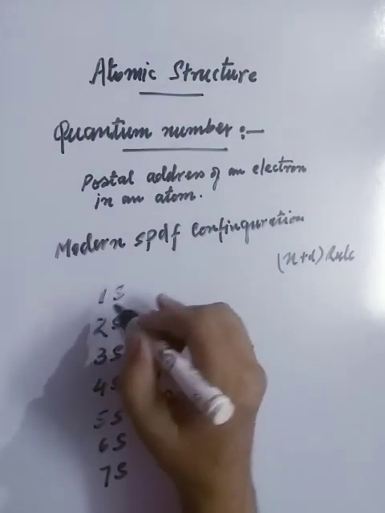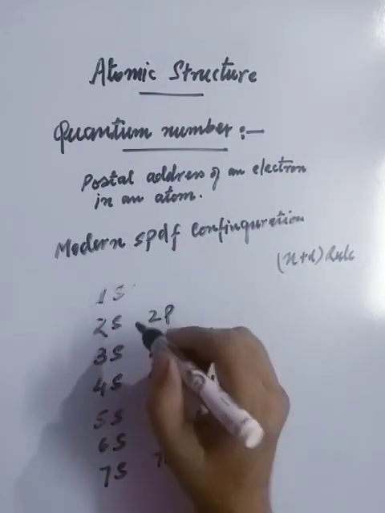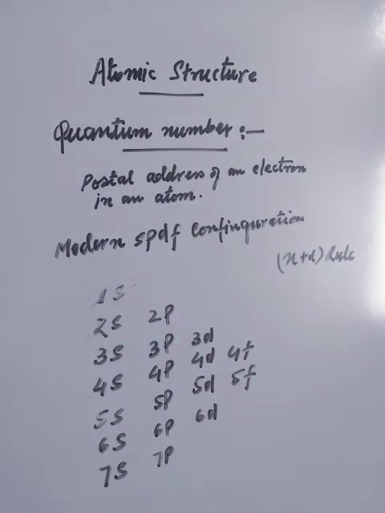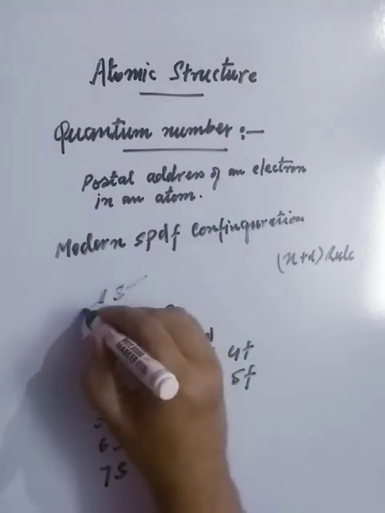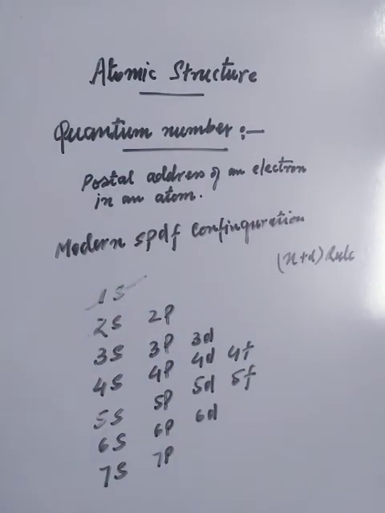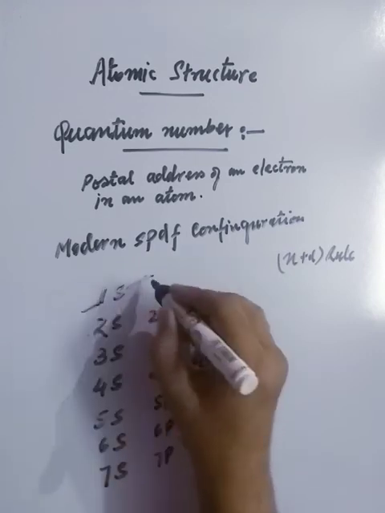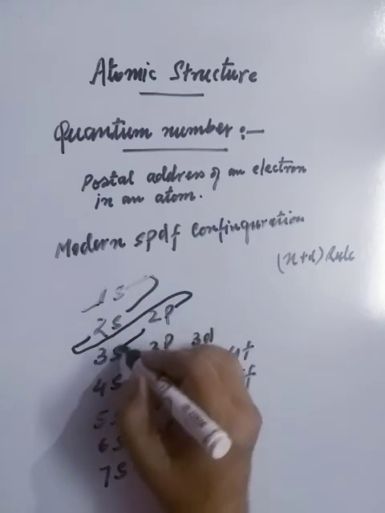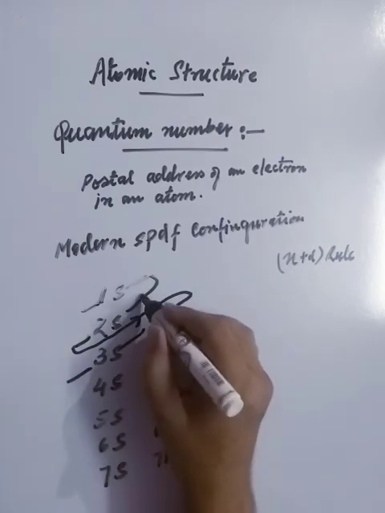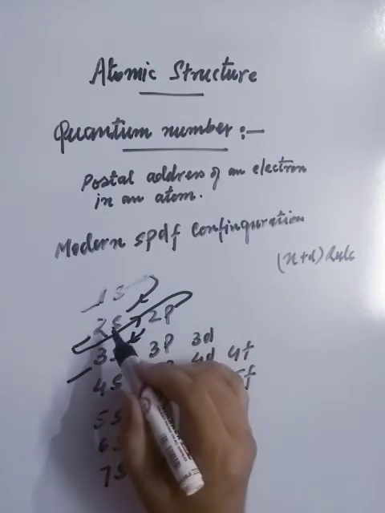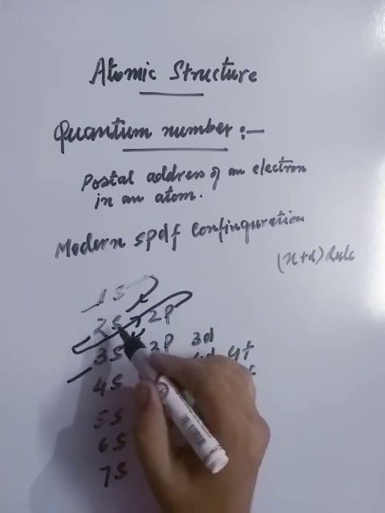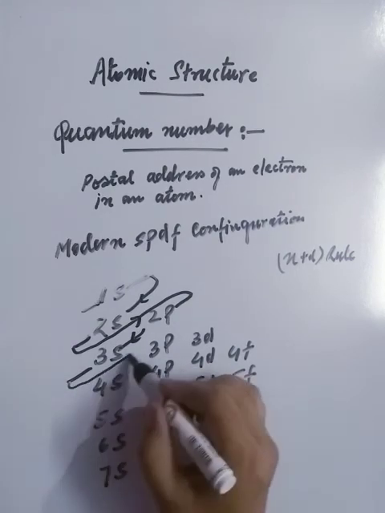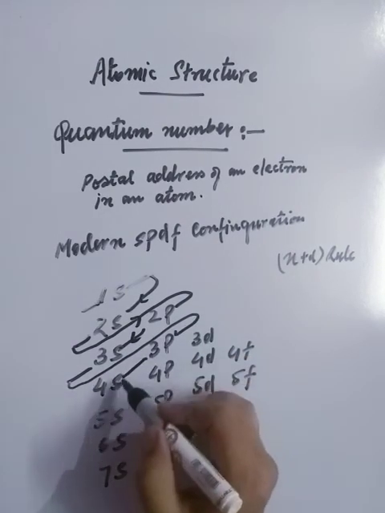Then we arrange 1s, after that 2s, after that 2p, 3s. So in this direction we are moving. Is it okay? So 1s has the lowest energy, 2s higher, 2p higher still, then 3s. After that what will come? 3p, 4s.